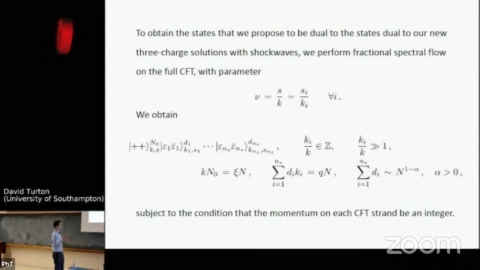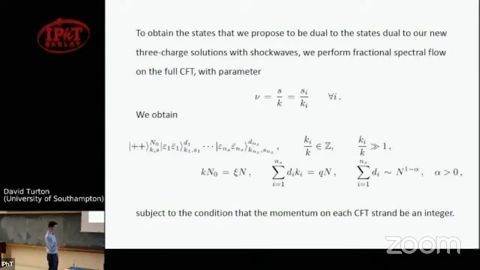Performing that operation on our 2-charge CFT states, we get our proposal for the 3-charge solutions with shockwaves, where we have some of these fractionally spectral flowed supertube states with parameters s and k, and then some longer strands whose details we don't fully resolve, but all of which carry momentum and angular momentum according to what's generated by a spectral flow.